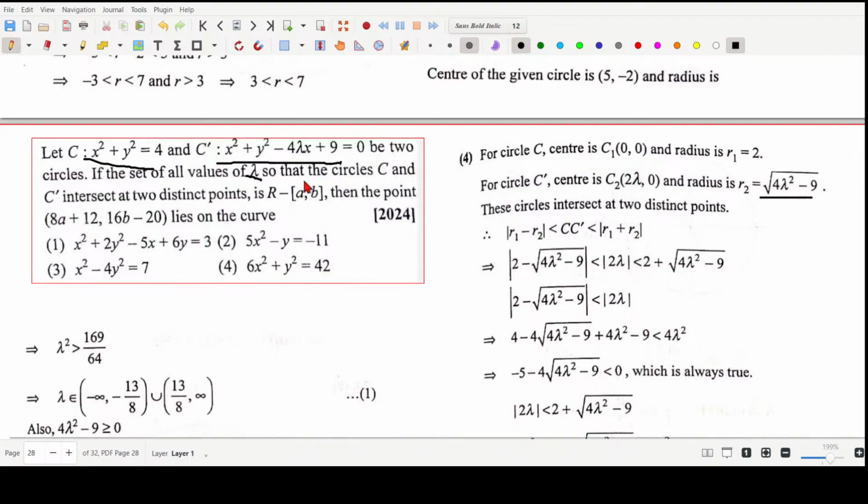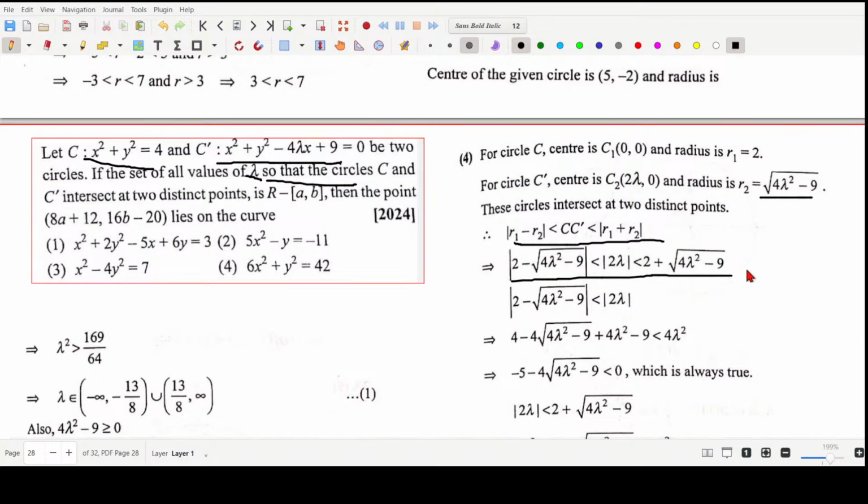Now, if these two circles are intersecting at two distinct points, then we know this condition, right? Distance between centers should be less than the sum of the radii and greater than the difference of the radii. So we have this basic condition. If you simplify this, this is greater than this and this is less than this.